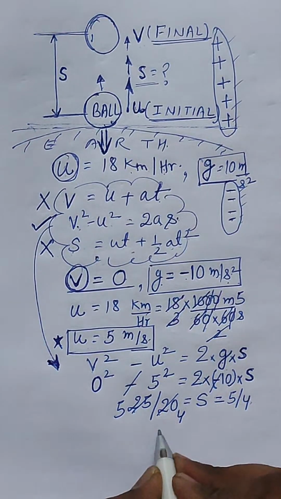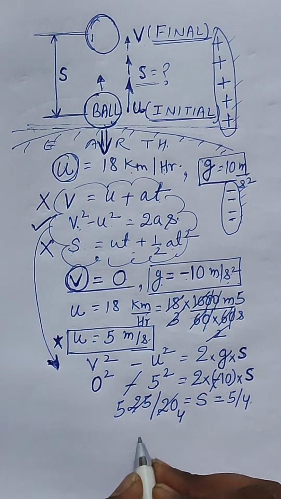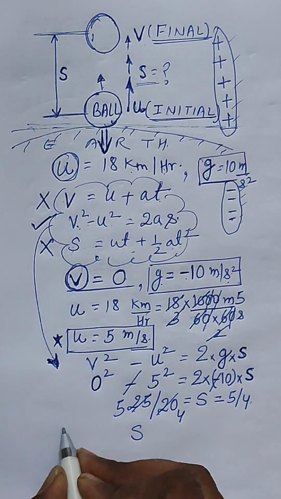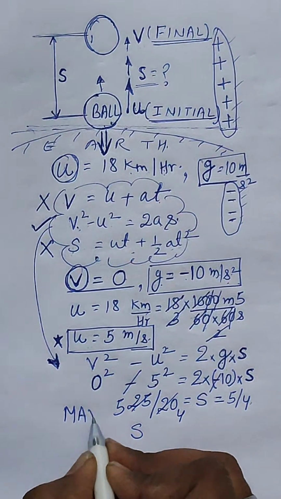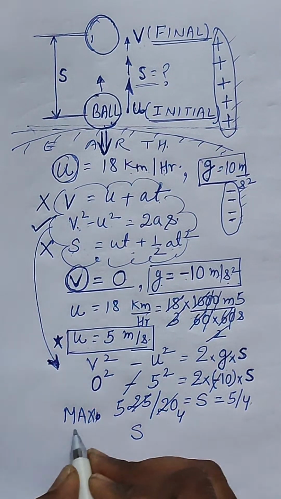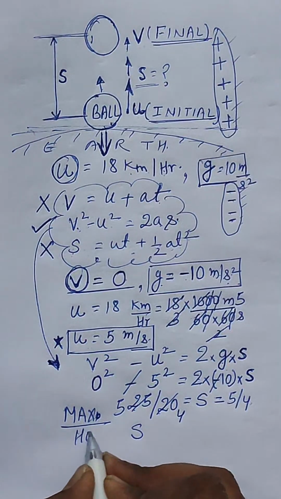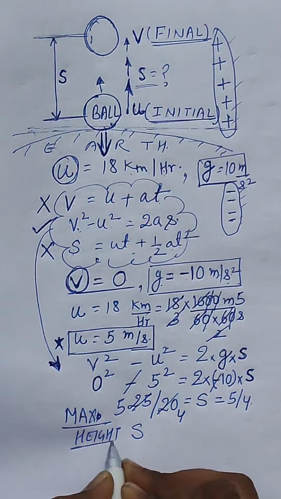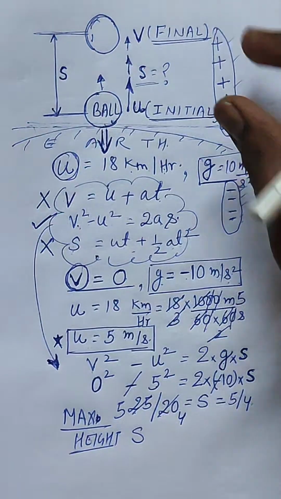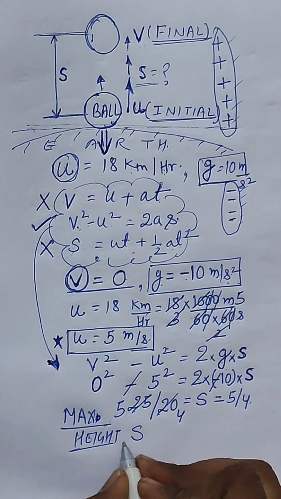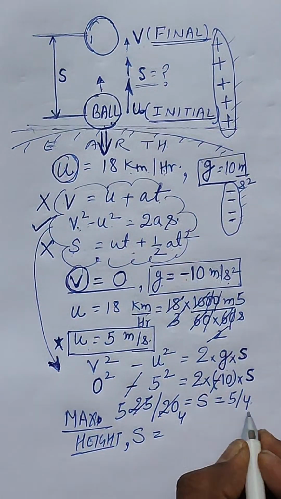And when you finally solve it, you will get the value of S, the maximum height. This is the maximum height attained by the ball, S is equal to 5 by 4.